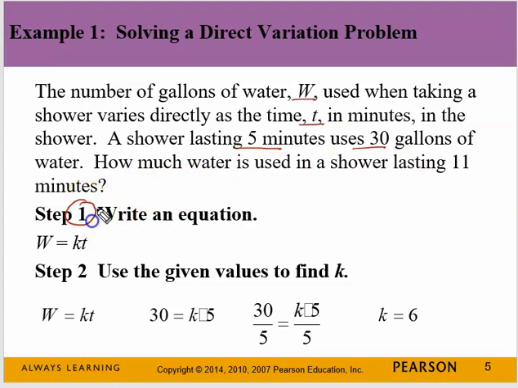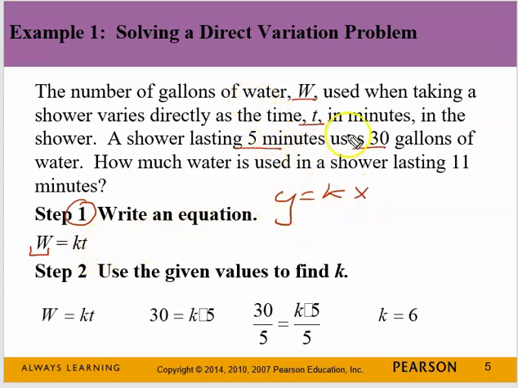Step 1, this is an equation of direct variation, which is going to be y equals kx. This is a general form. But now what we're going to do is replace the y with water used. K is our constant of variation, and we're going to replace the x with the t, which is time.